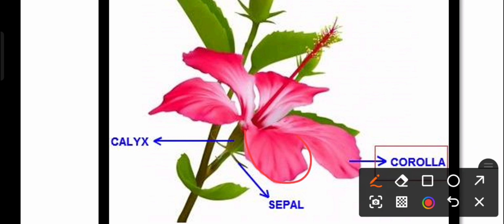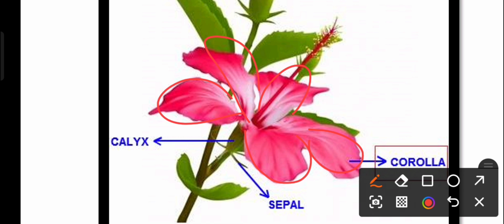See, these are petals. So many different colors are there. This is a hibiscus, that's why it is pink, red, white, so many different colors of petals we can see. It is the second whorl of the flower.